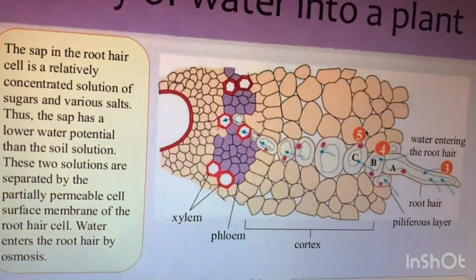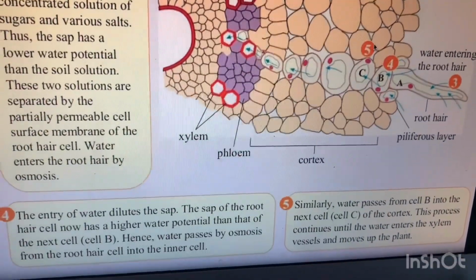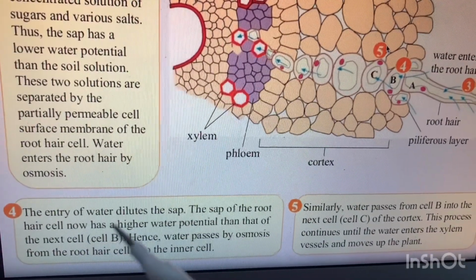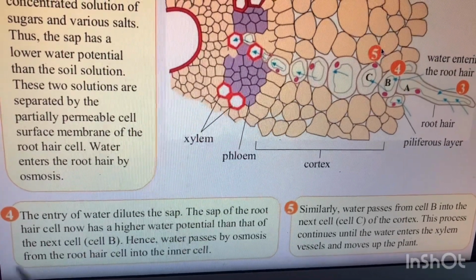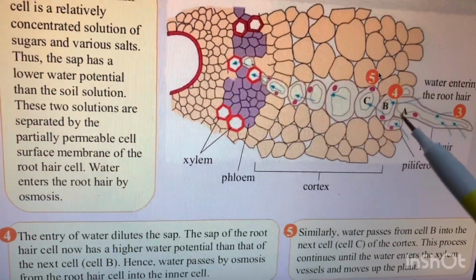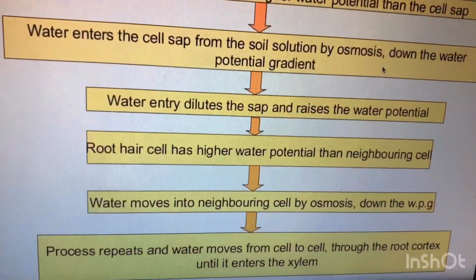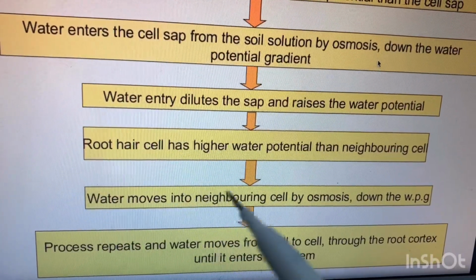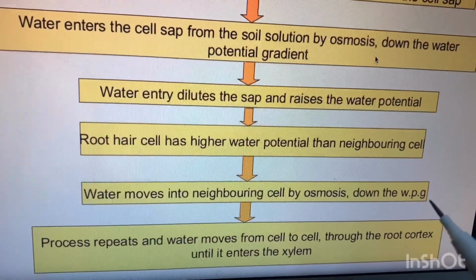As discussed in the previous slide, point number 4, entry of water dilutes the sap. When the water enters, the sap of the root hair cell has a higher water potential than that of its neighboring cell, which is cell B. So now water moves into the neighboring cell by a process called osmosis down the water potential gradient.